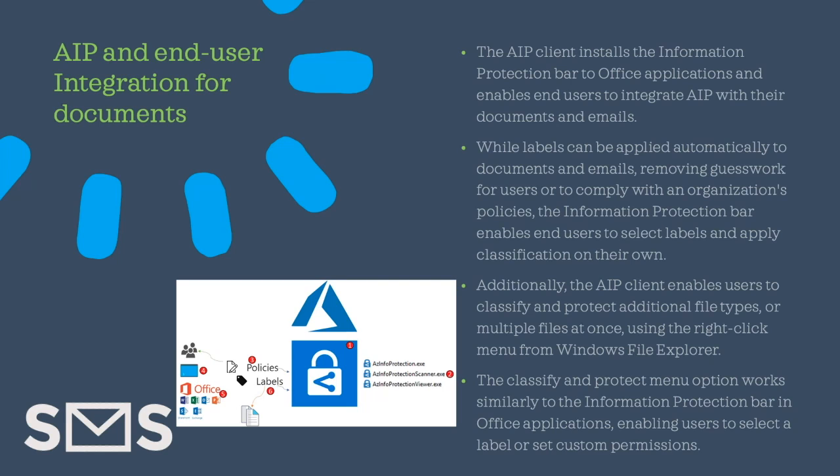It's a bit like doing a password protect on, say, an Excel file. It's similar to that, but instead of putting a password, you're actually protecting it using AIP, which means it's effectively encrypted. And it means that you can set who can see that particular file, so no one else can see it other than the people that you actually specify.